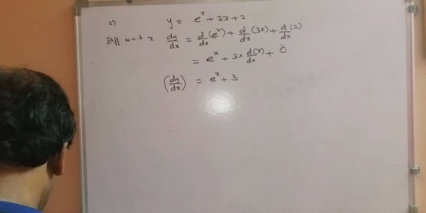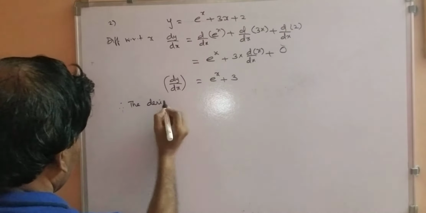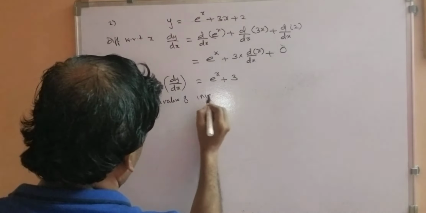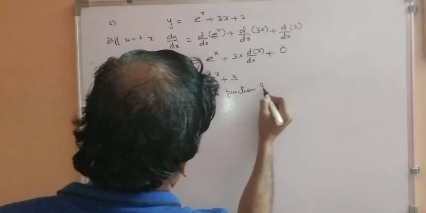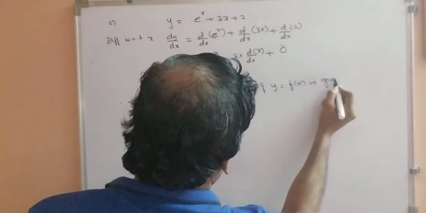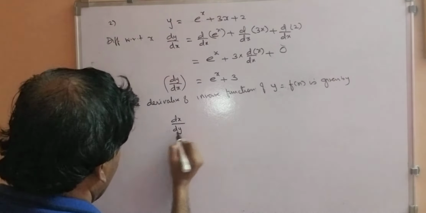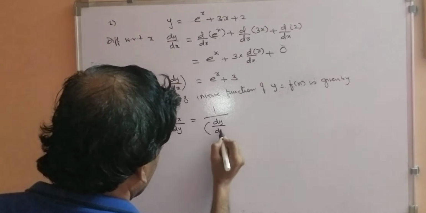Now what we have to write? Therefore, the derivative of inverse function of y equal to f of x is given by, what do you want? dx upon dy equal to 1 upon dy by dx.